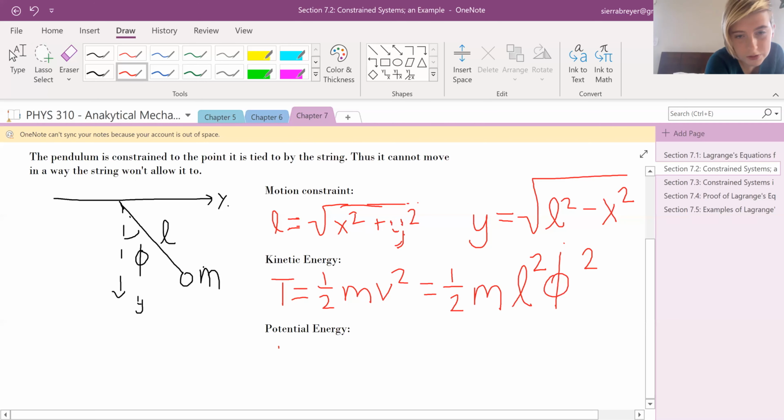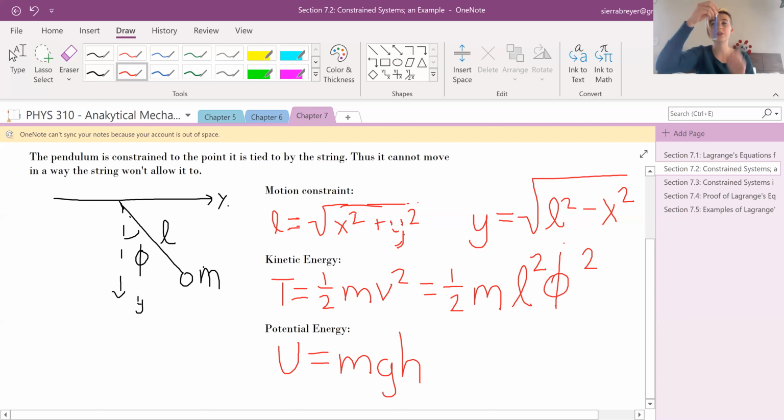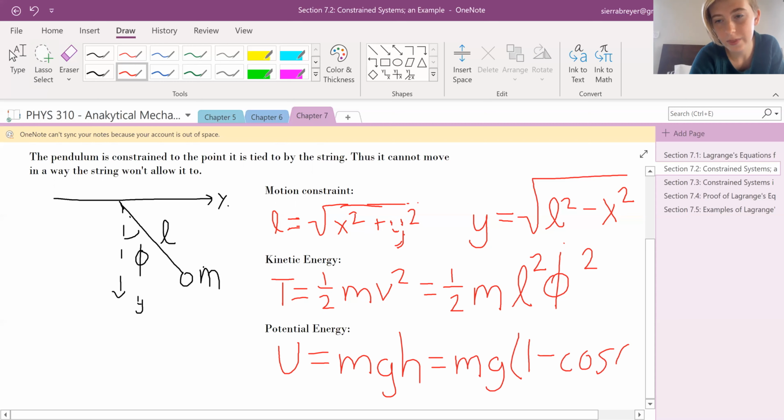And then for the potential energy of this system, we're going to use mgh, because gravity is going to be acting on it. That's what's keeping it in the pendulum sway of things. Another way to write that is that the height is going to be equal to mgl times 1 minus cosine theta.